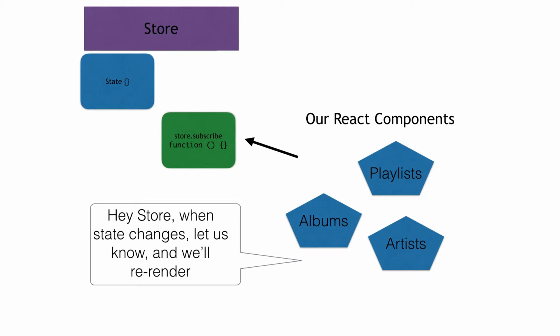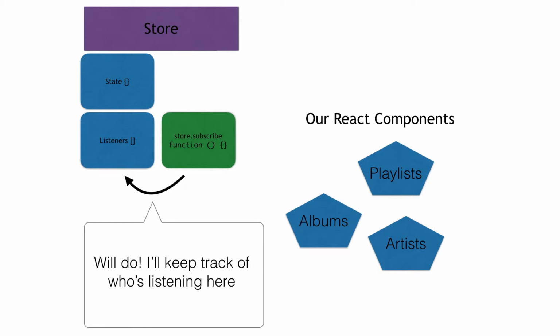So you call subscribe, you pass in a function, and the store is then like, okay, I'll add that function to my list of listeners, and whenever my state changes, I'm going to call all of the listeners. I'm not actually going to call them with anything. The store just says, something has changed, you should go figure out if something you care about has changed.